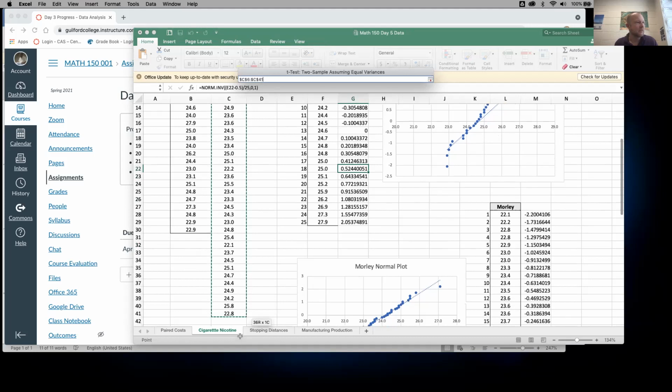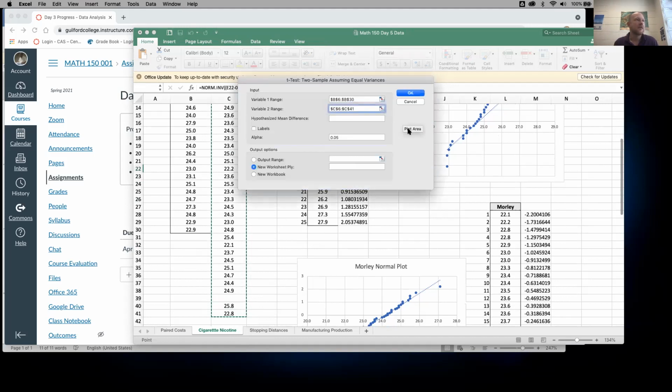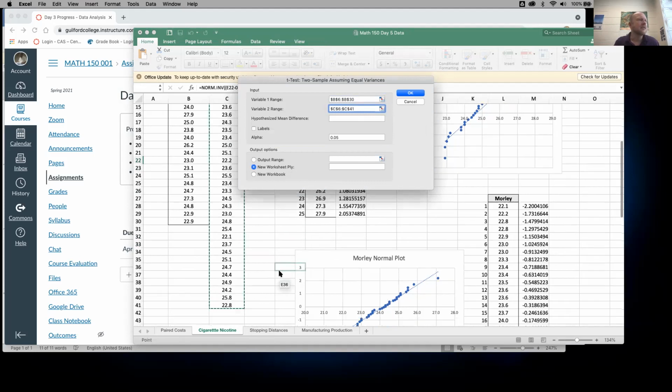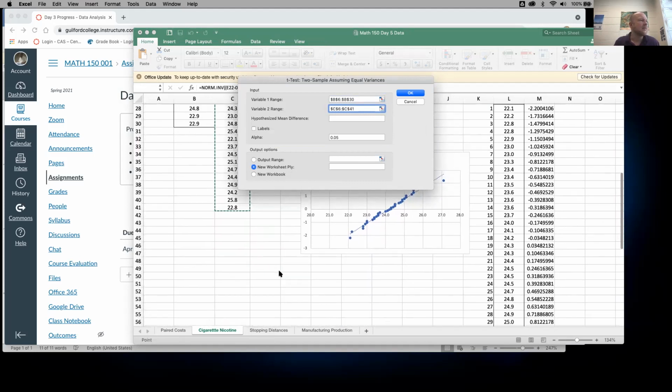Okay, but it will let me drag down. Okay. So now I've got those two things chosen there. And I'm going to say for my output range, and I've got to kind of just look here to make a guess. I think if I make my output range like B48, then it won't be covering anything up, okay?